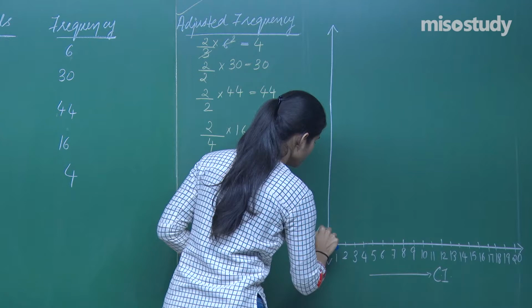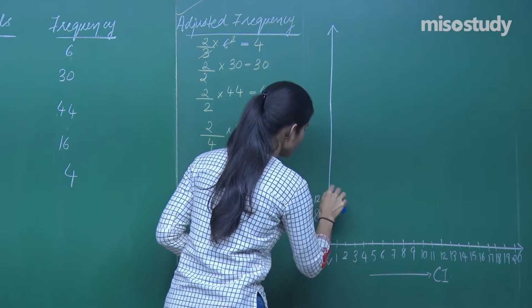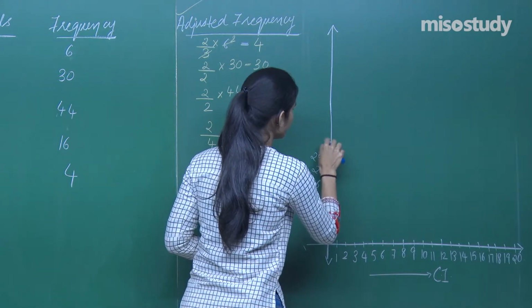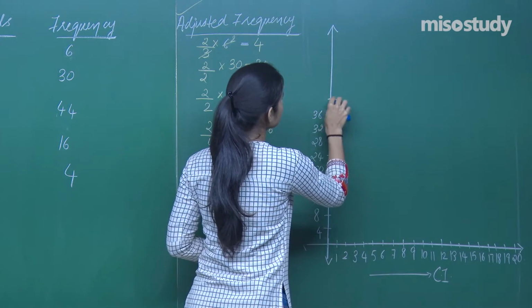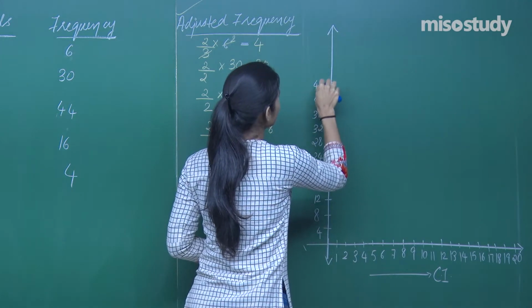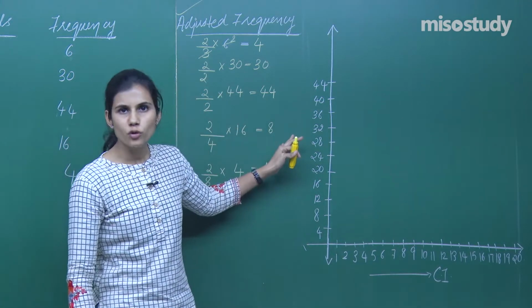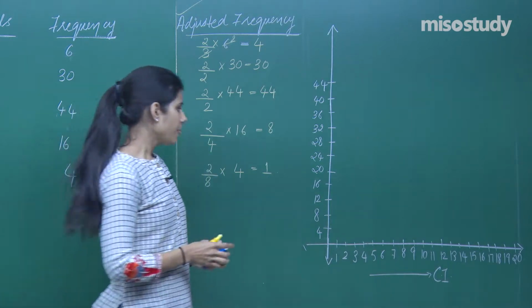So you will have 4, 8, 12, 16, 20, 24, 28, 32, 36, 40 and 44. So one big division on the y-axis I have taken as 4 units and one big division on the x-axis I have taken as 1 unit.